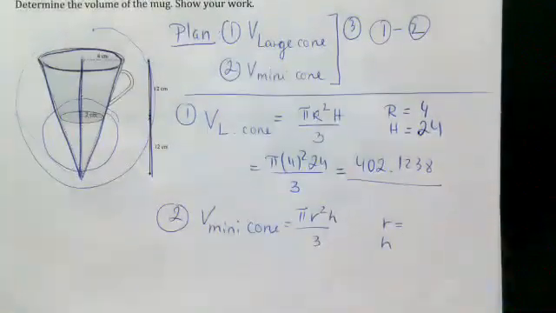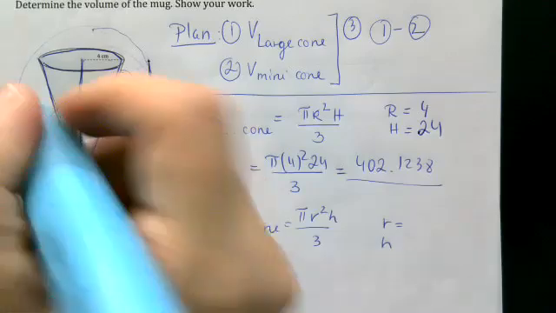And then step 2, volume of the mini cone. Same formula, this is still a cone, but this time we're focusing on this cone right here.